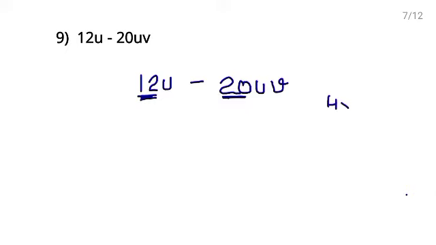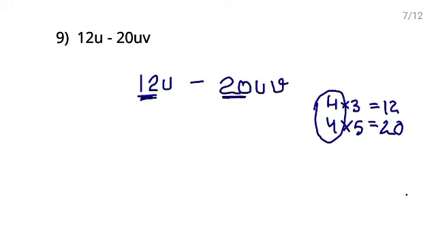Now are they divisible by 5? No. 6 2s are 12, 6 cannot divide 20, right? So 4 is common in both, so in numerical term we will take 4 outside the bracket, right?